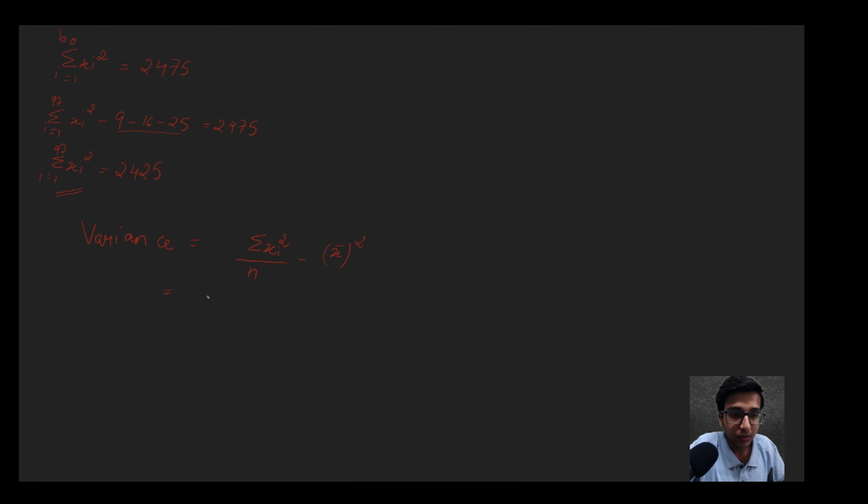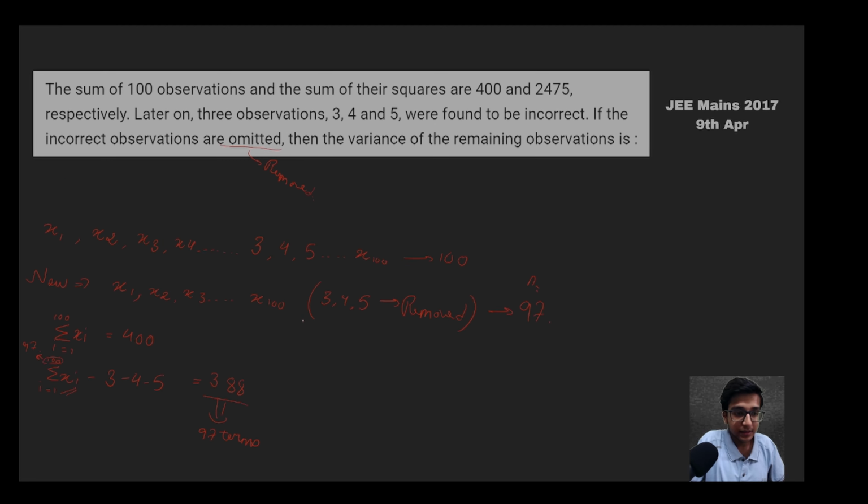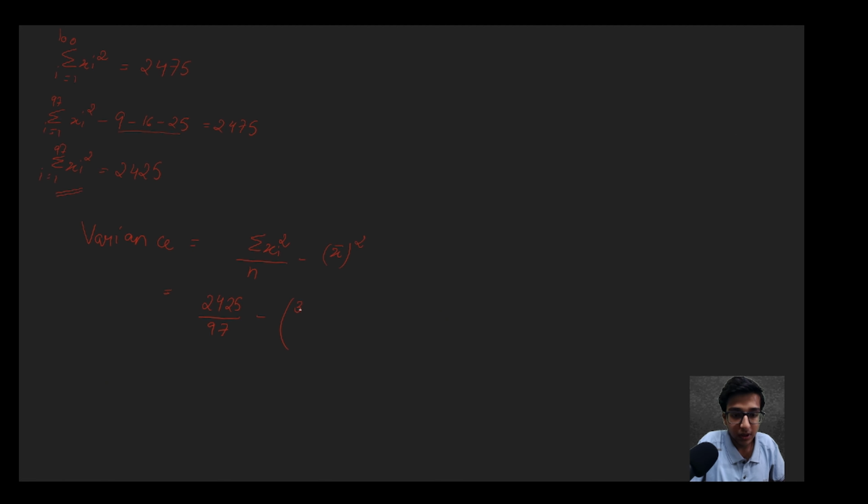So we can write this down as 2425 by 97 minus, and x bar can be written as the new sum, 388 upon 97, whole square. From here this would cancel by 25 and this would cancel by 4. So we would get 25 minus 4 square, which would become 16 and 9. This would be our answer.